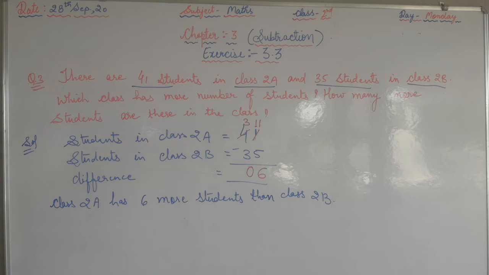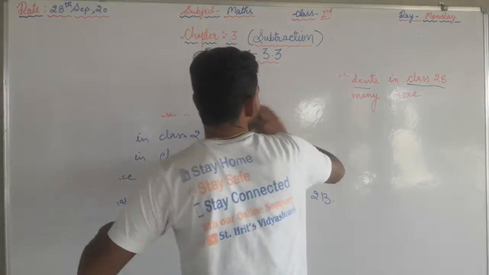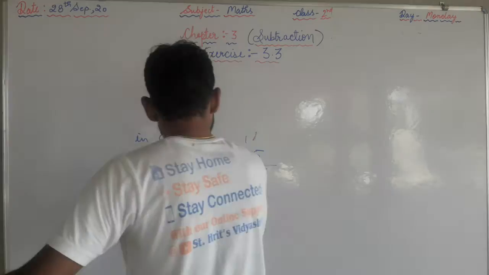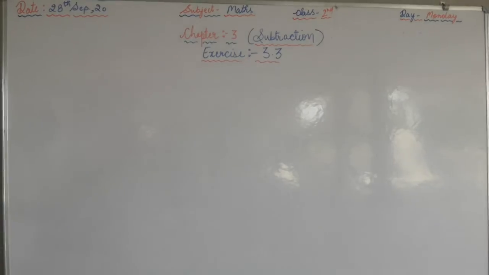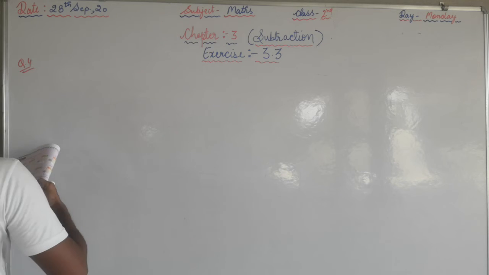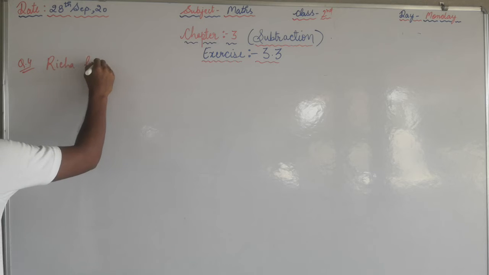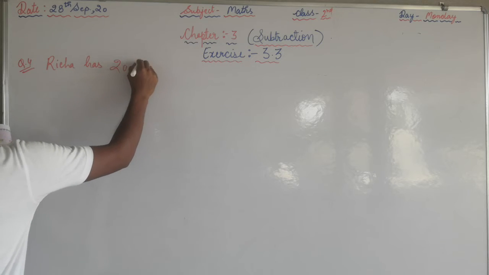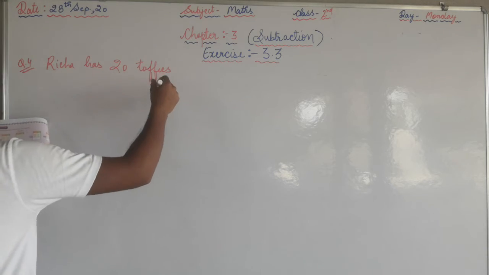Okay, see the 4th question. Question number 4. Richa has 20 toffees.